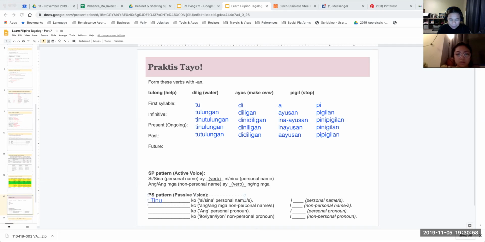Tinutulungan. Again, it's ko. You can use other nang pronouns here: mo, niya. Tinutulungan ko, and then you can put the ang focus here.